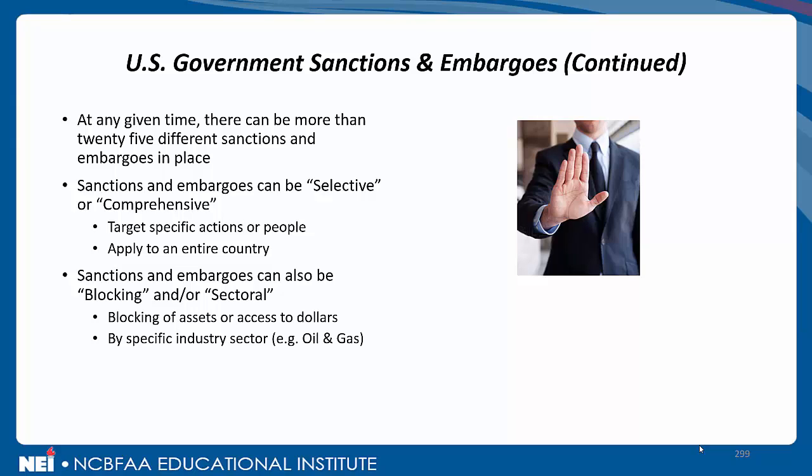That's where the name sectoral comes from. Selective versus comprehensive, blocking versus sectoral. We as U.S. exporters, if we want to do business in countries that are subject to sanctions and or embargoes, we need to know the difference between each and every one and how they apply to the specific country that we're hoping to do business with.